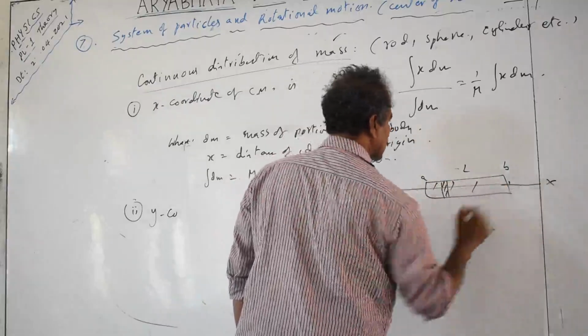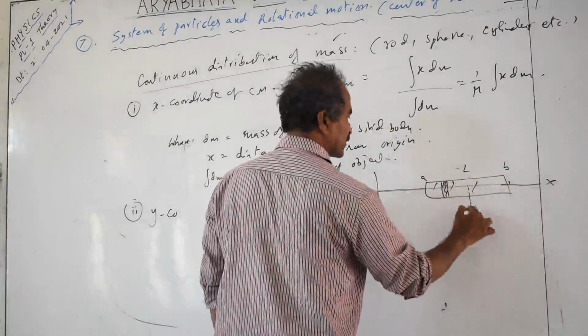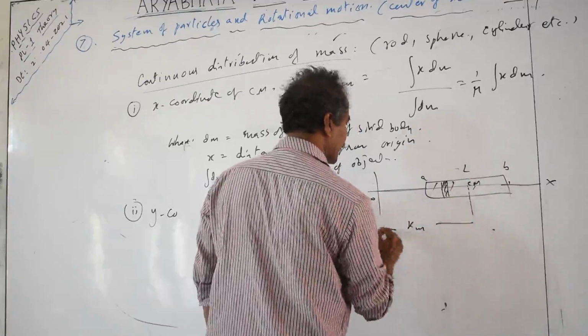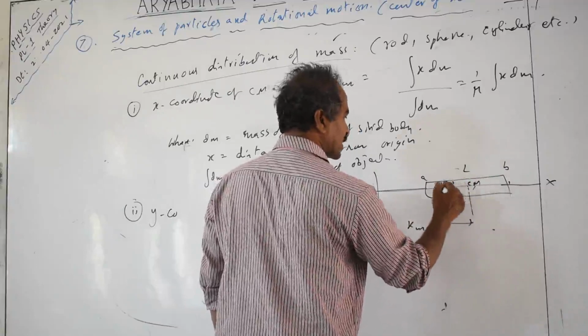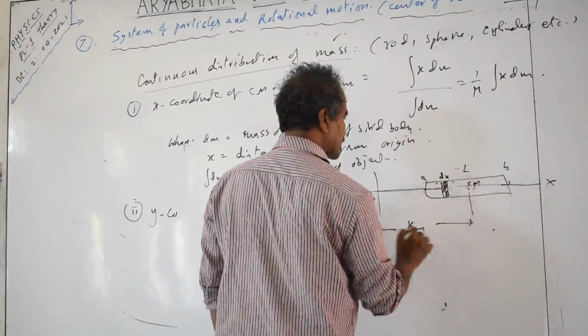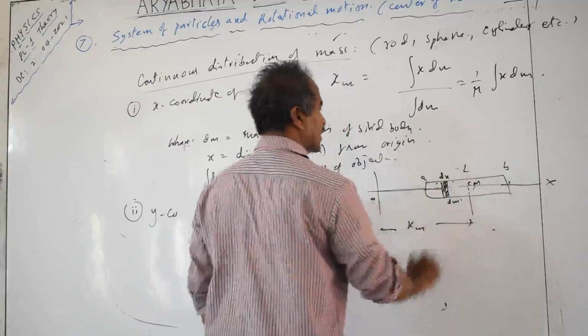This is the x-axis. The coordinate of the center of mass is, for example, here. This is xcm. And the small portion I am taking in this rod has length dx, at a distance x, and its mass is dm.